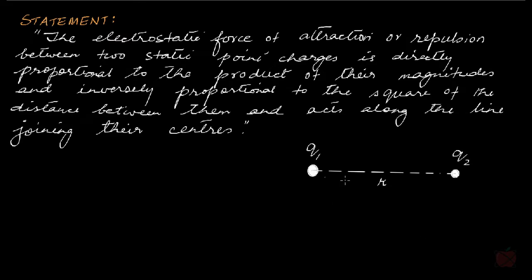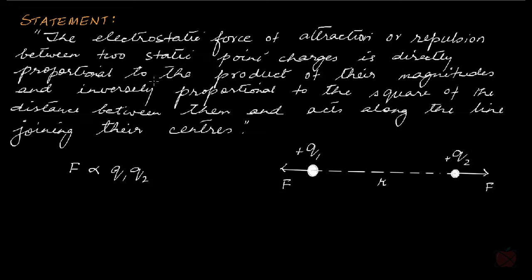So for the force of interaction, let's say they are both positive charges. If they are both positive charges, they will repel each other, right? So there will be a force of interaction opposite in direction. Let's say a force F out here. According to this law, this force is directly proportional to the product of the charges, that means directly proportional to Q1 Q2.